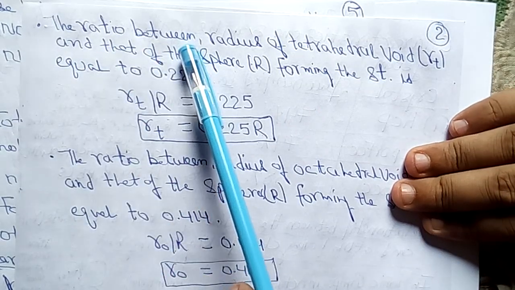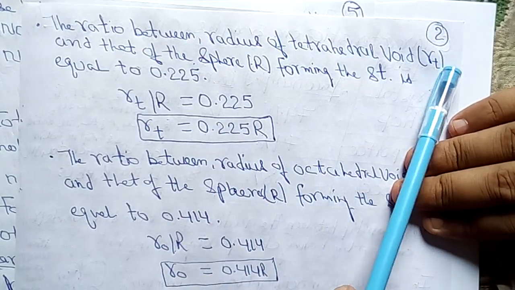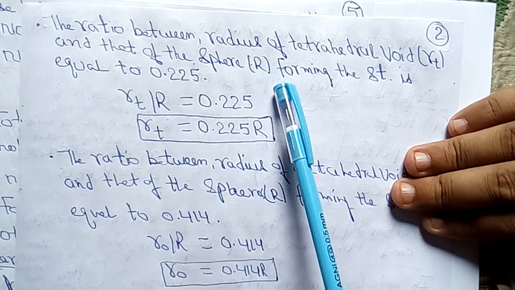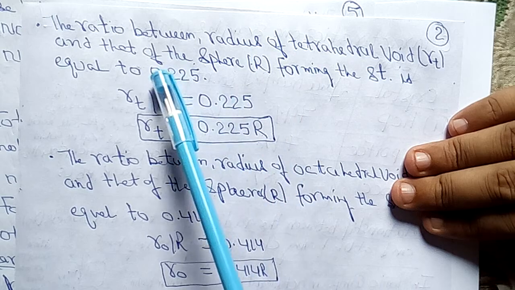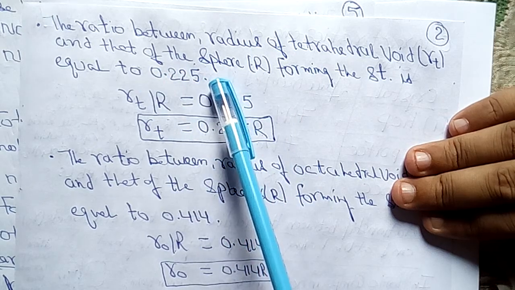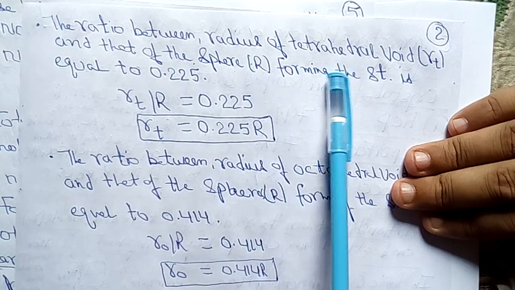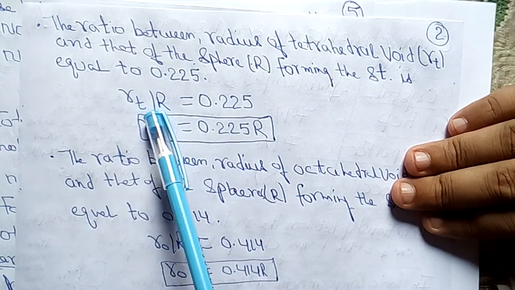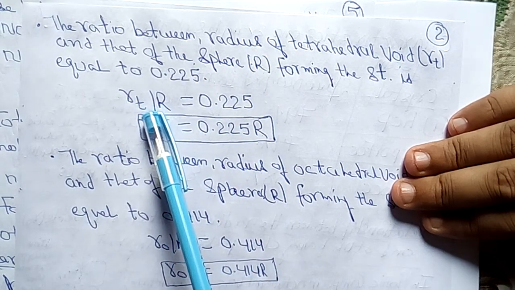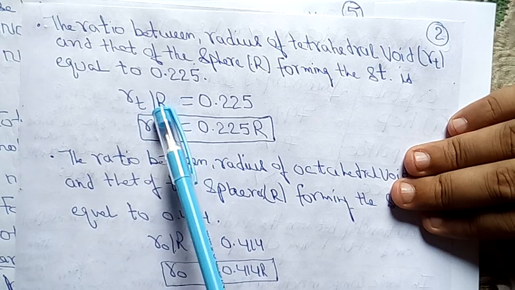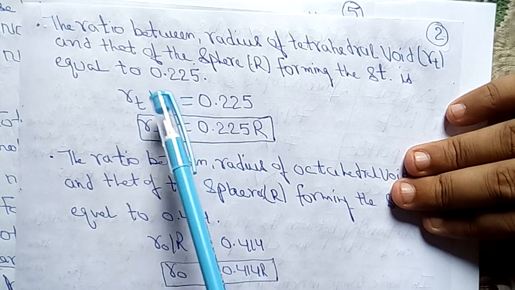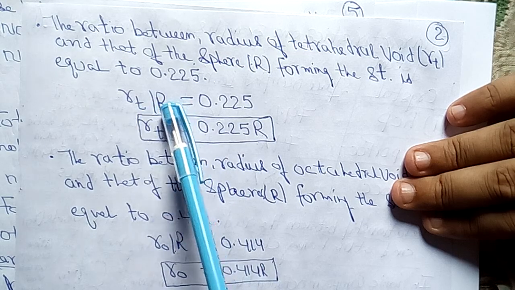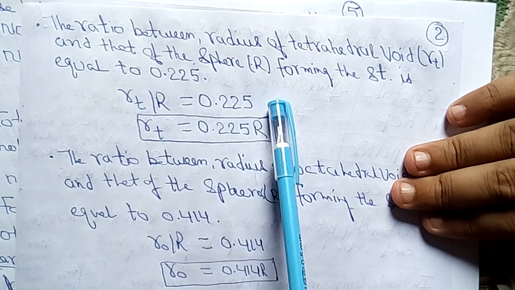Now the ratio between the radius of tetrahedral void RT and that of the sphere R forming the structure is equal to 0.225. So that is a calculated value. The ratio of the radius of tetrahedral void, shown with RT, divided by the radius of the sphere, shown with capital R. So RT by R is equal to 0.225.